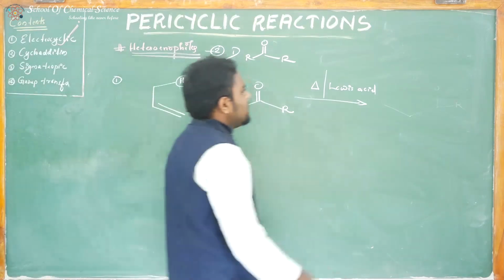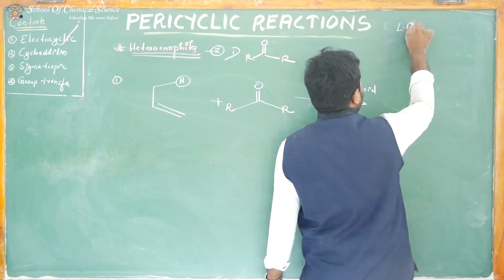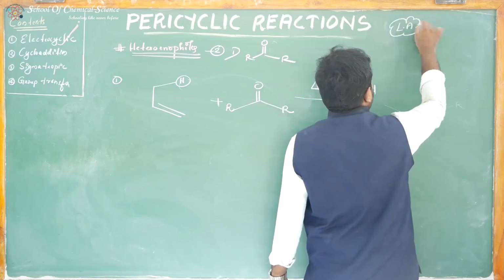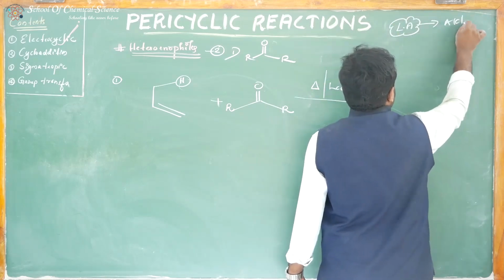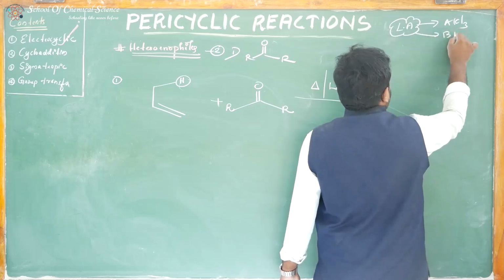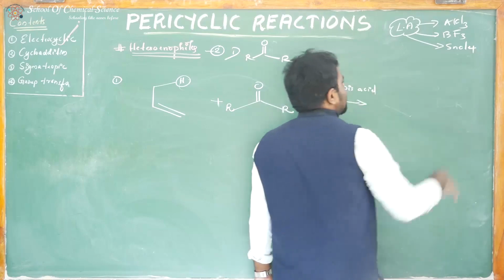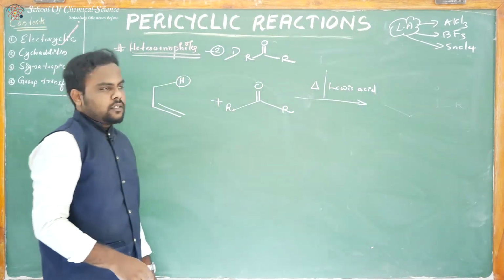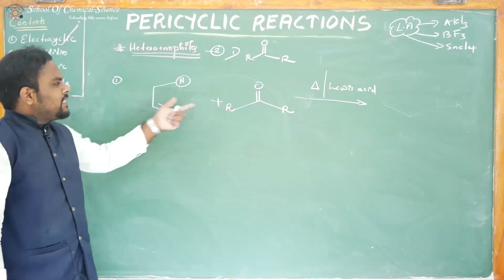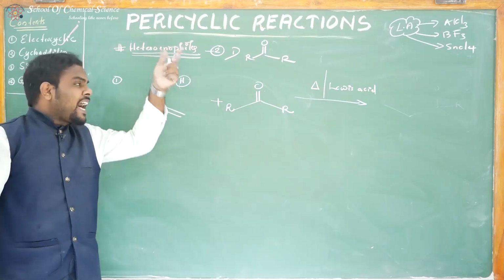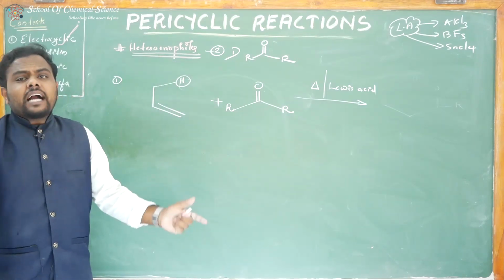Common Lewis acids: AlCl3, BF3, SnCl4. So an allylic system plus enophile, but here the carbonyl compound acts as the enophile.